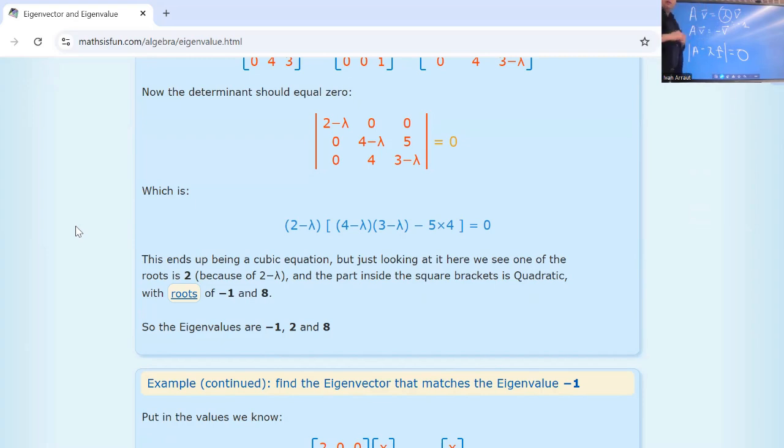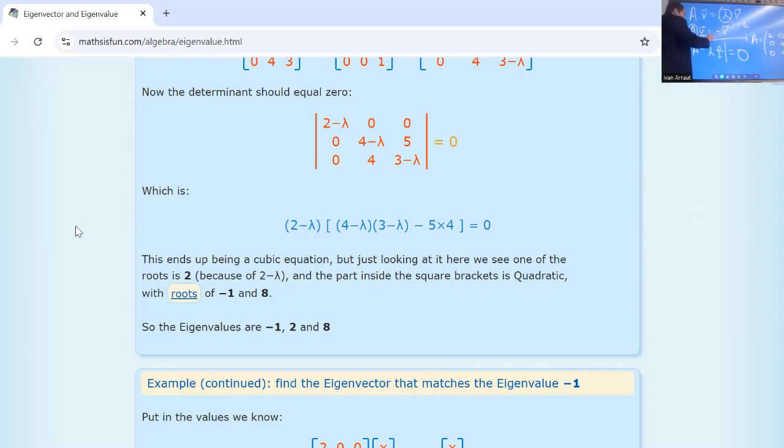I replace minus 1 here. And that's what I want to find now. And I know A. A is the original matrix, 2, 0, 0, 0, 4, 5, 0, 4, 3.